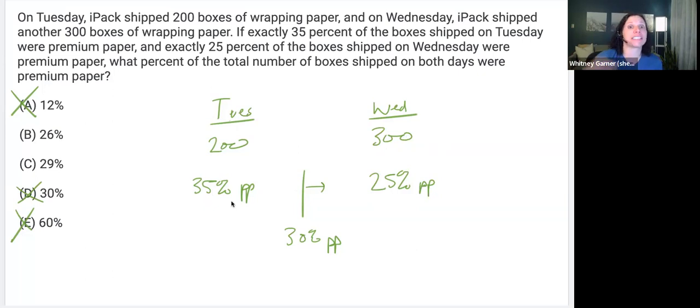That means it looks 9 times more like Wednesday than it does Tuesday. That's not right. I only have 50% more, not 9 times more. So if I've only got 50% more, it should look a little bit more like Wednesday. It doesn't even look twice as much like Wednesday. A little bit more. And so the answer that's close, but not exactly 30, is my correct answer, C.